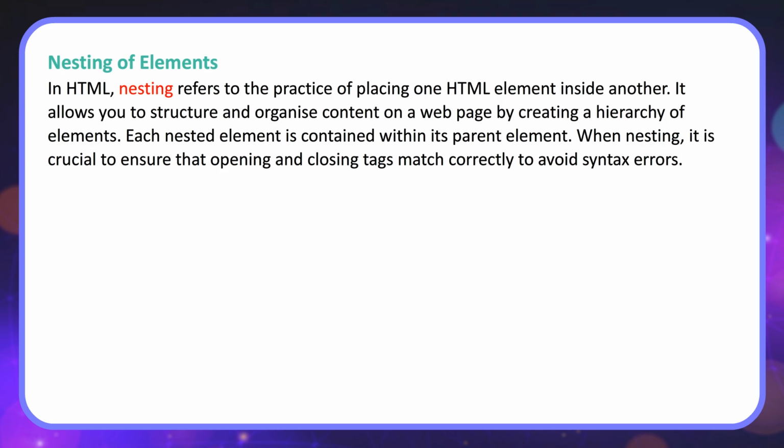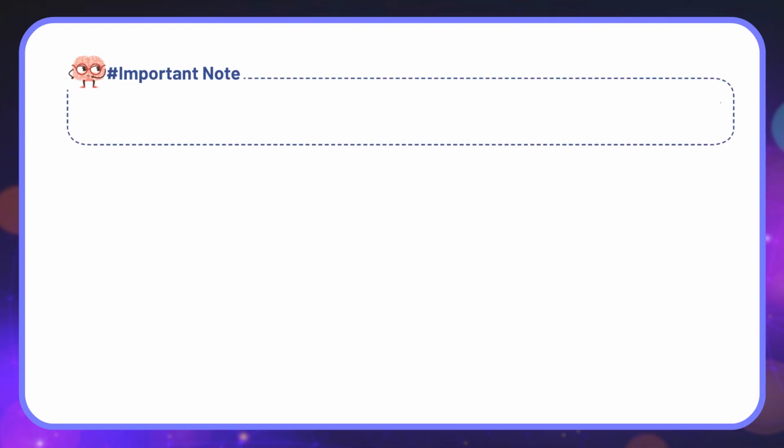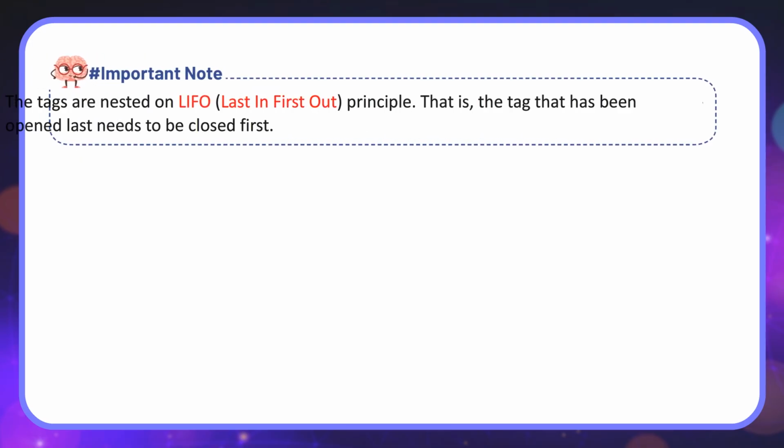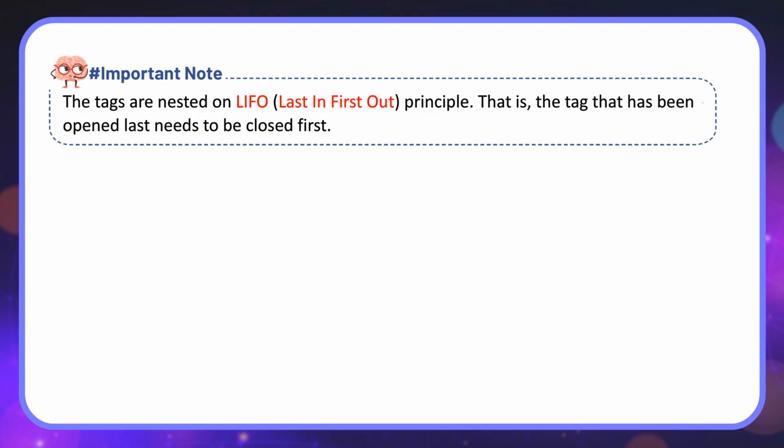Each nested element is contained within its parent element. When nesting, it is crucial to ensure that opening and closing tags match correctly to avoid syntax errors. Important note: the tags are nested on the LIFO, last in first out, principle. That is, the tag that has been opened last needs to be closed first.